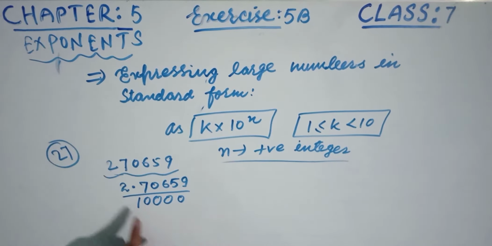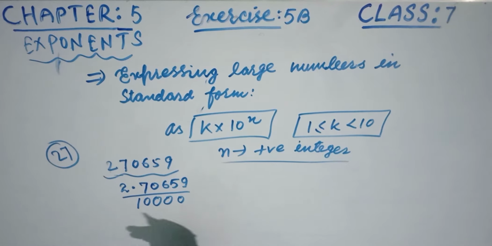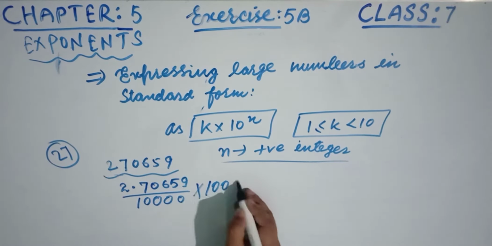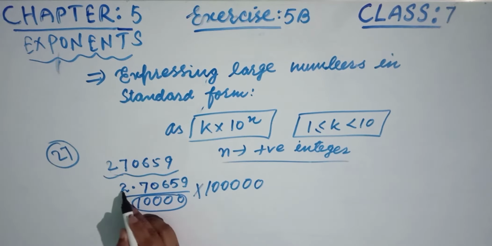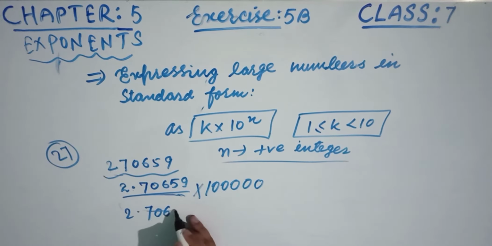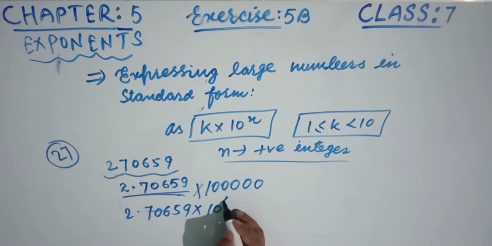That means we have divided by 5 times 0. This is why we have written this form, then multiply 5 times 0 with 1. So this number will be written as 2.70659, and we can write 10 raised to power 1 2 3 4 5, friends. So this is the standard form.